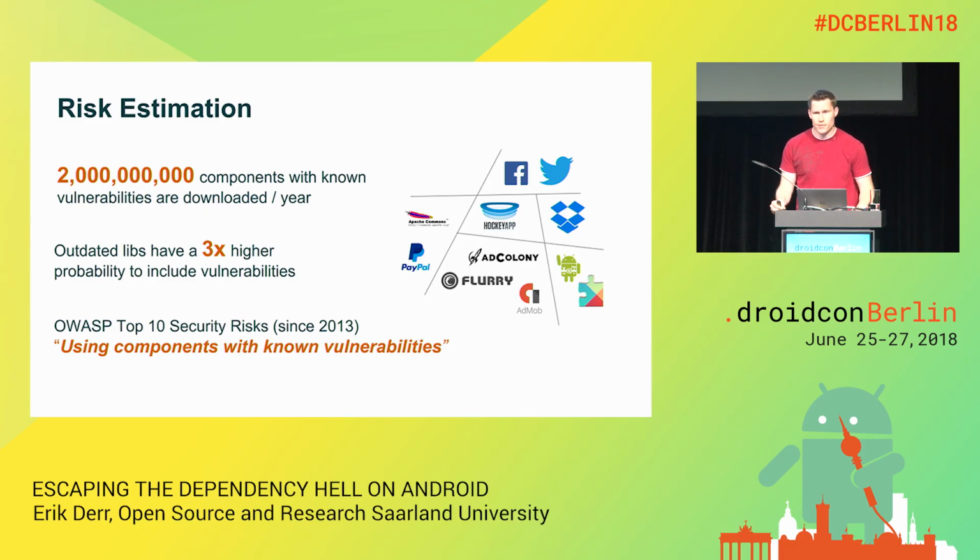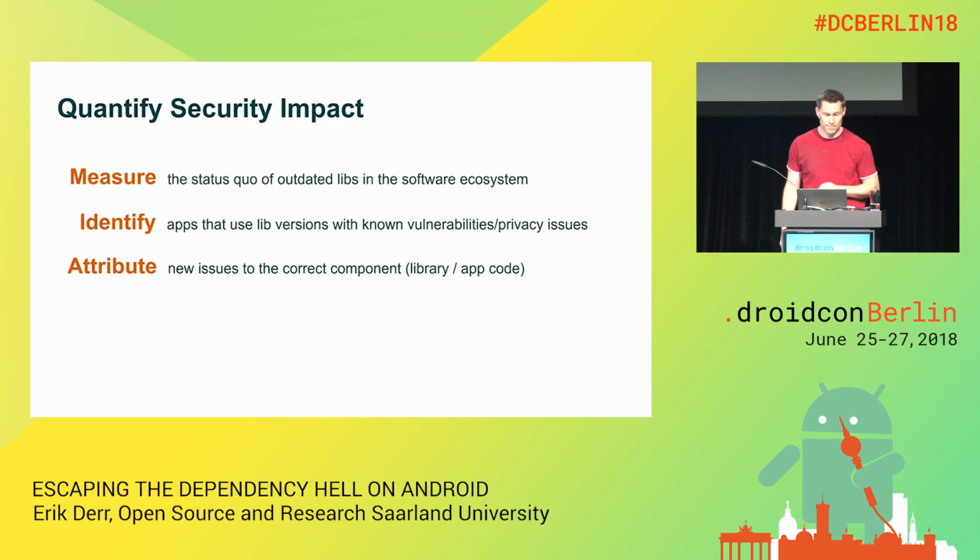Similarly, outdated libraries have a 3 times higher probability of being vulnerable as compared to up-to-date dependencies. And there's also the prominent OWASP top 10 list of security risks. For the last 5 years, they include a risk entitled using components with known vulnerabilities, basically warning app developers about the emerging risk of insecure libraries.